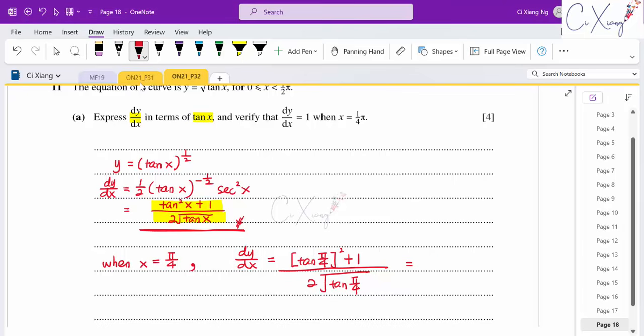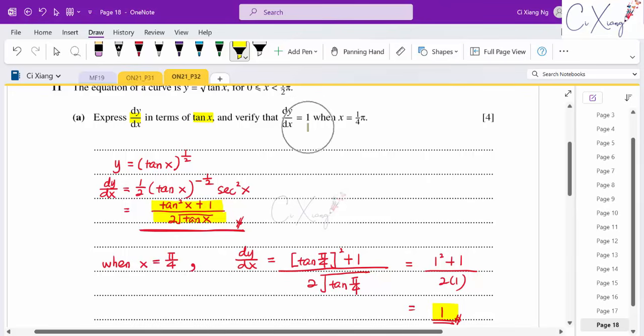Tangent pi over 4 is 1, so 1 squared plus 1, divided by 2 times 1. Therefore, you get dy/dx equals 1 when x equals pi over 4. So this is a complete answer for the first part, where we need to verify that dy/dx equals 1.